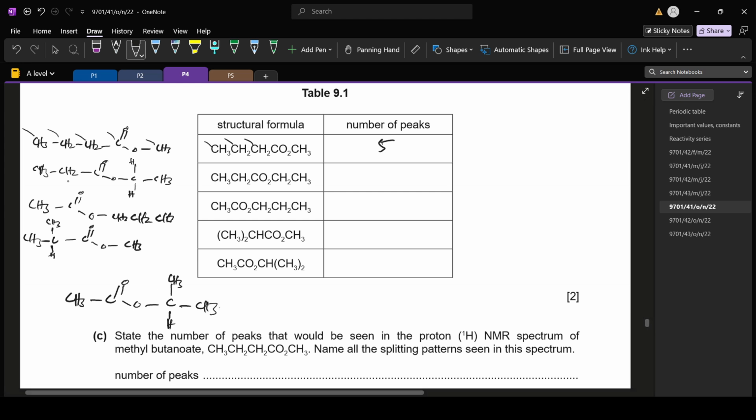So now let's count the number of peaks in each.